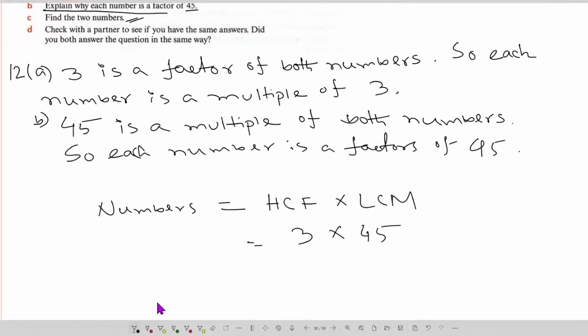So what are the numbers? The numbers are x times y, one number and another number. Once you make the product, it becomes 3 times 45, which is 165. Two numbers' product is 165.